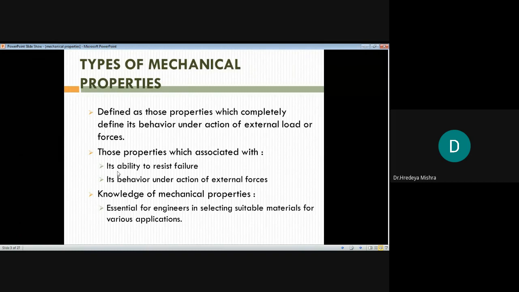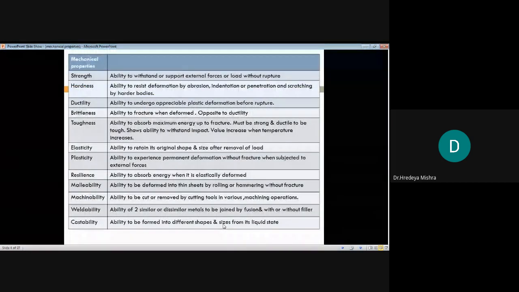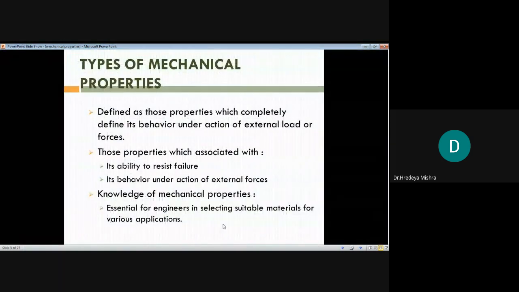Okay, so those properties are associated with its ability to resist failure, its behavior under the action of external force. Knowledge of the mechanical properties is essential for engineers in selecting the suitable material for various applications.